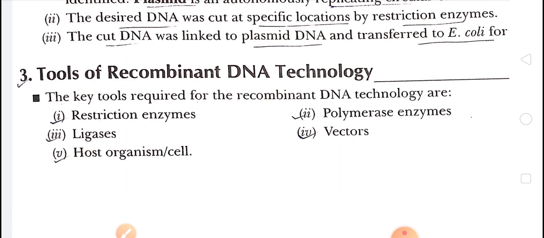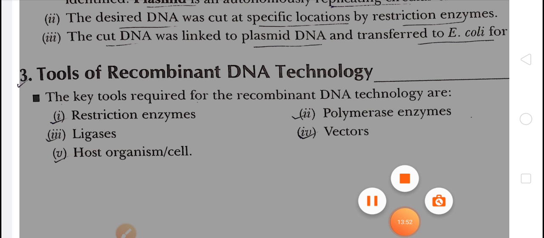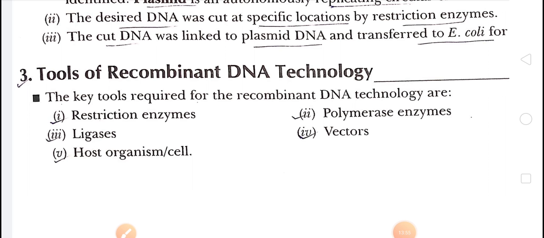Then the host shows the phenotypic expression, meaning the phenotypic character of the host will change after introduction of rDNA, but the host cannot take the foreign DNA easily. So first of all we have to increase the competency of the host. After that it will become competent and it will take the foreign DNA.